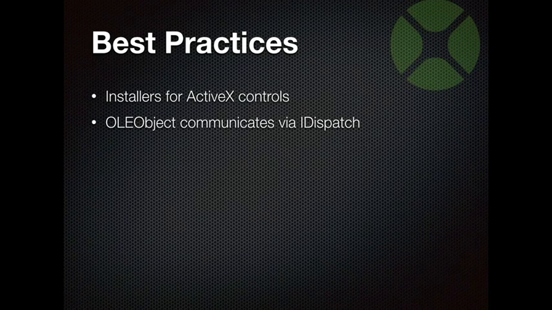It provides this interface where you can communicate with a COM object via this invoke method, they call it, by finding its function index. If the COM object supports that interface, you can use OLE object to access that, and it's much easier than using vtable binding.